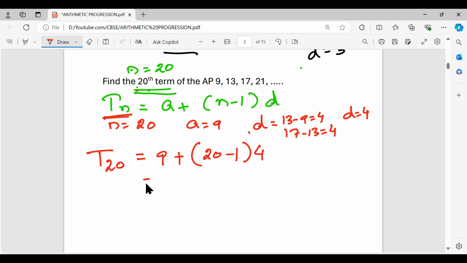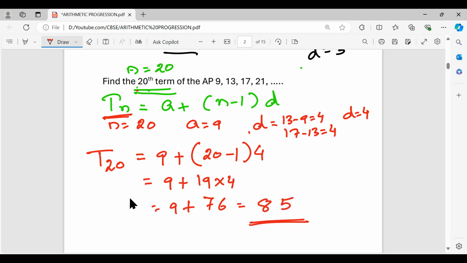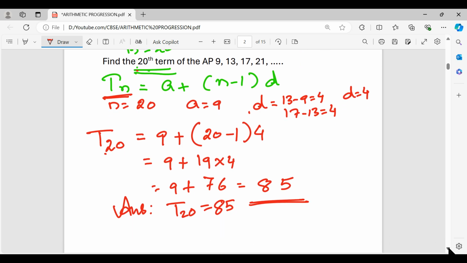So you get here 9 plus 19 times 4. That will be 9 plus 76, and you get 85. Right? So your 20th term is 85. Easy? Yeah. So we got it. Our 20th term is 85 here.